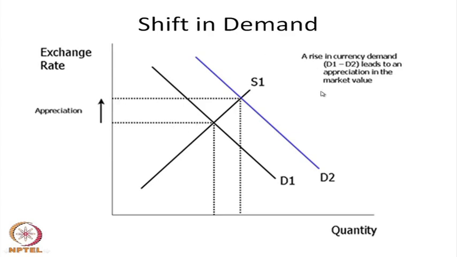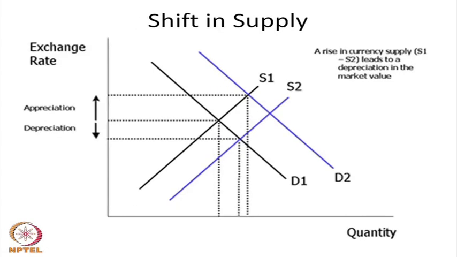Similarly, if you see a shift in supply with demand remaining constant, demand is D1, supply is S1, and the exchange rate is determined at this level.